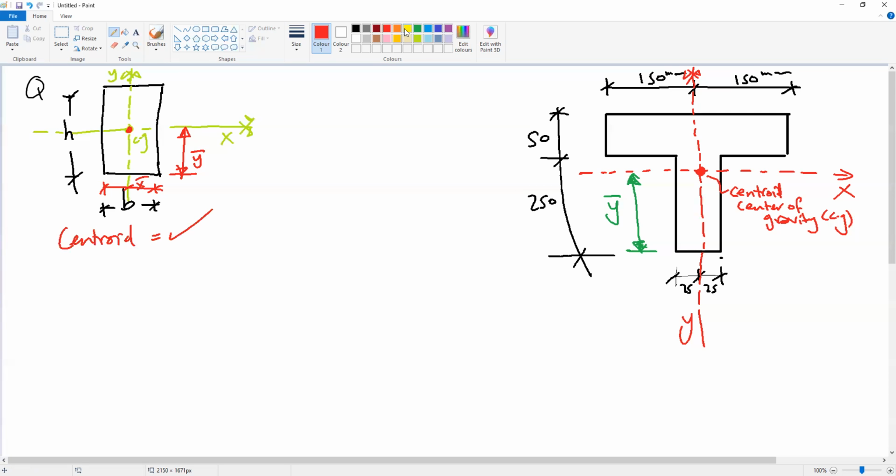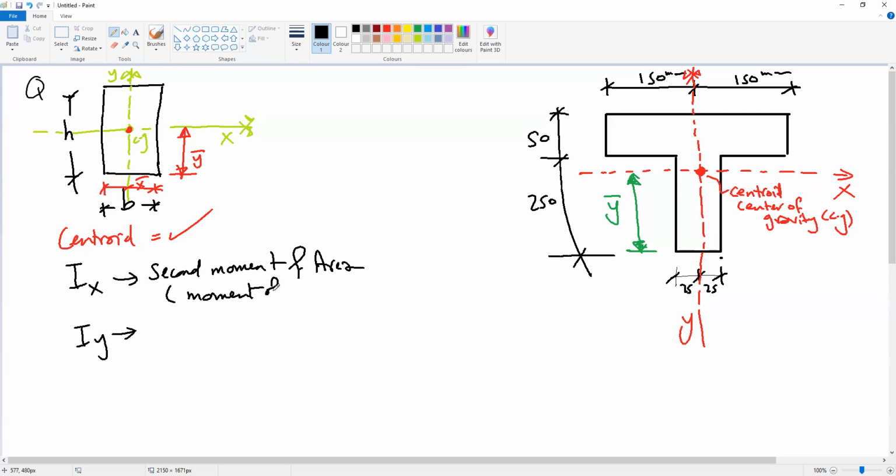For the inertia, Ix and Iy, the inertia is a physical property of the section or cross section, meaning the second moment of area, or it's called the moment of inertia. Okay, so this is a physical definition.